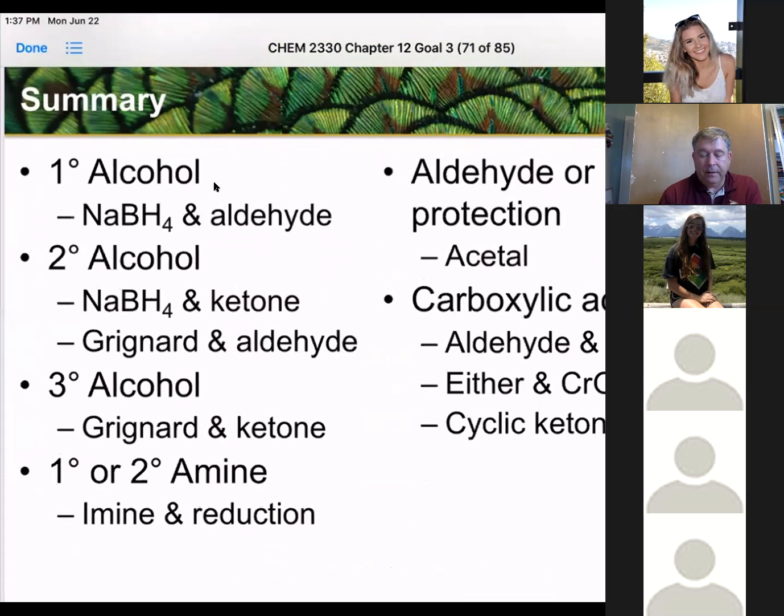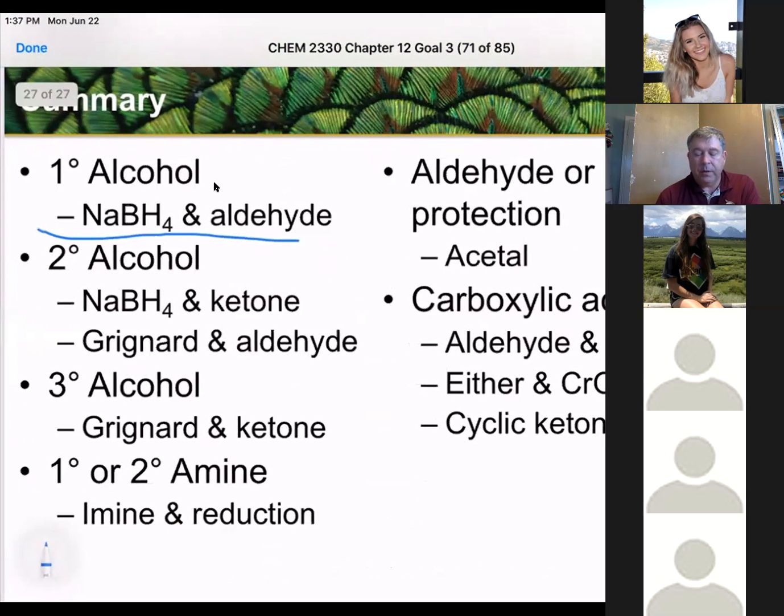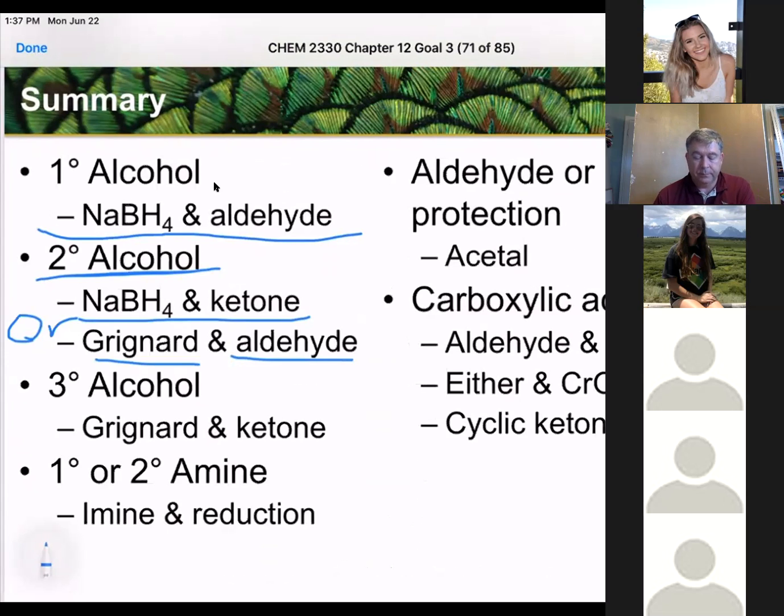So, all right, to get a primary alcohol, we use sodium borohydride and any aldehyde. To get a secondary alcohol, we use sodium borohydride and the ketone, or, there should be a big or here, a Grignard and any other aldehyde. To get a tertiary alcohol, we can use any ketone and a Grignard reaction.